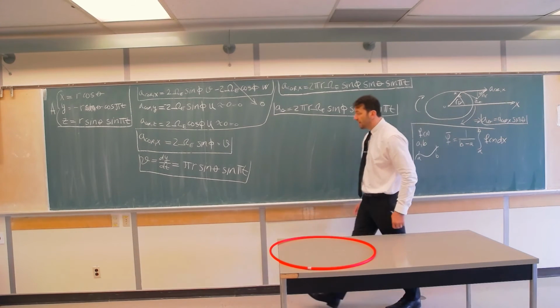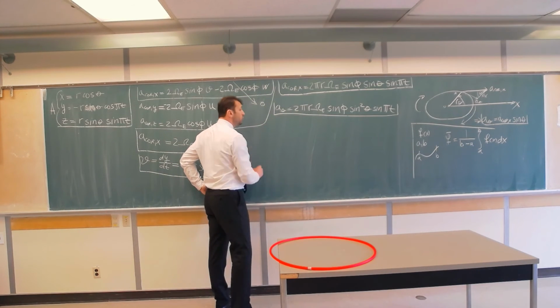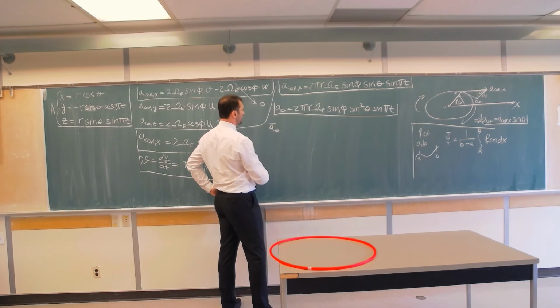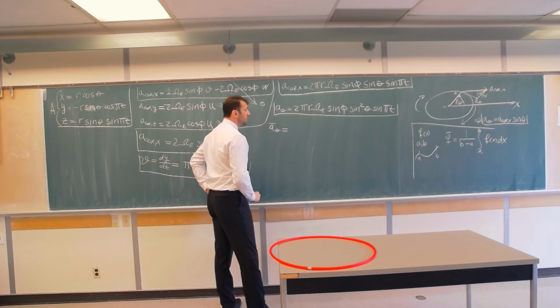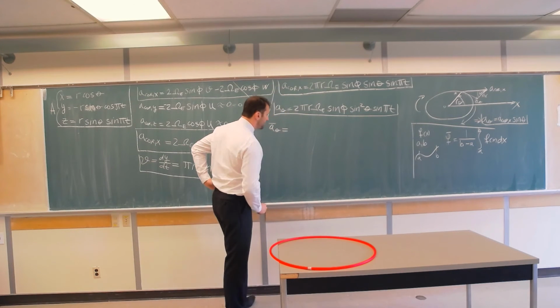So, to find average azimuthal acceleration, a theta average, I need to integrate with respect to theta.